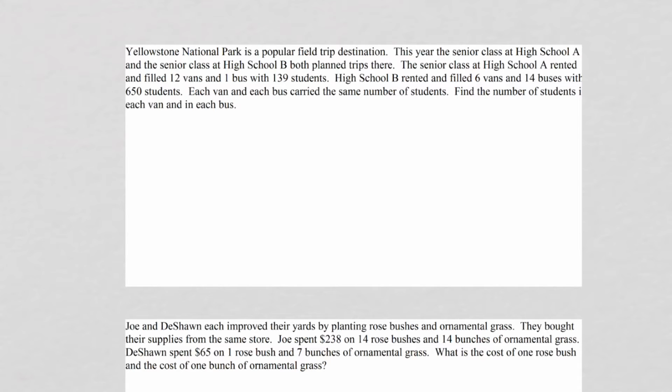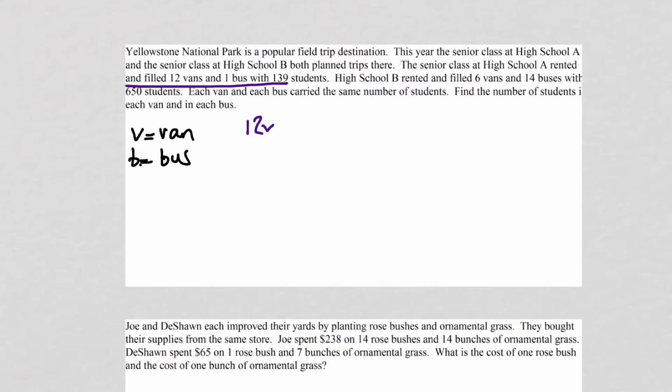So we're talking about vans and buses. So I'm going to use the variables V and B, V standing for van, B standing for bus. Math sentence 1 talks about 12 vans and one bus with 139 students.